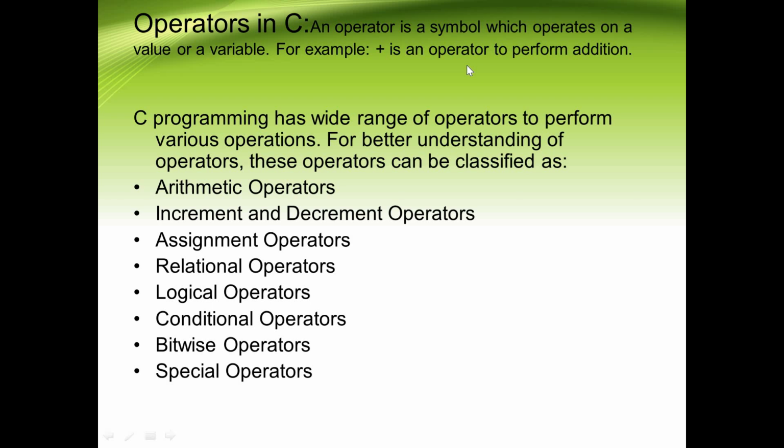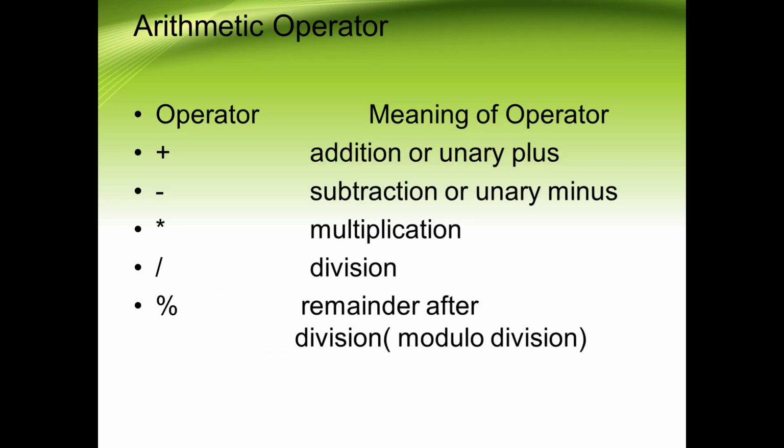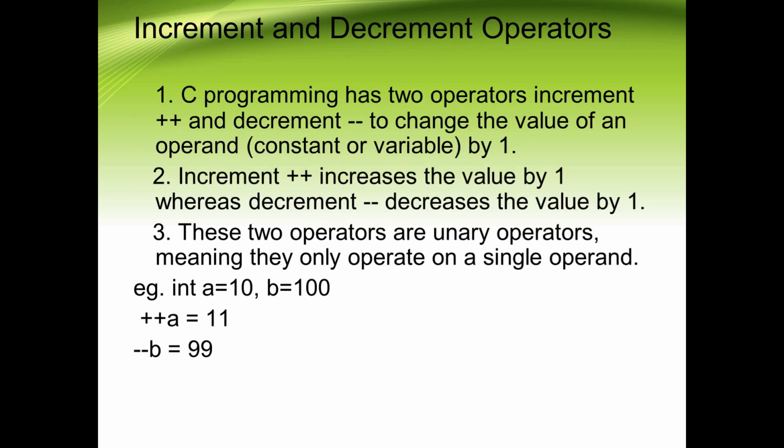There are several operators in our language: arithmetic operator, increment and decrement operator, assignment operator, relational operator, logical operator, conditional operator, bitwise and special operator. The arithmetic operators are plus for addition, minus for subtraction, multiplication, division, and modulus division, which is used for the remainder.